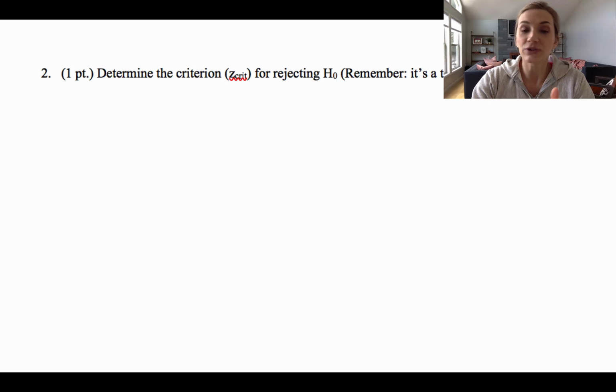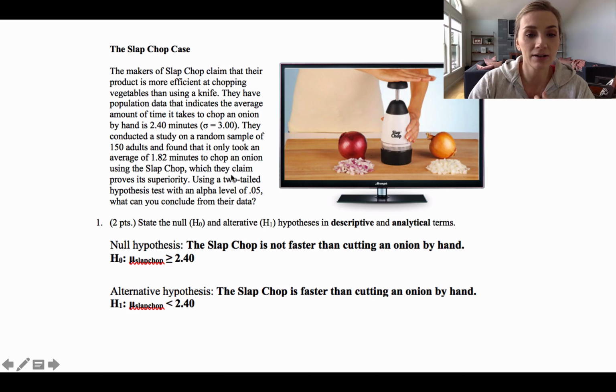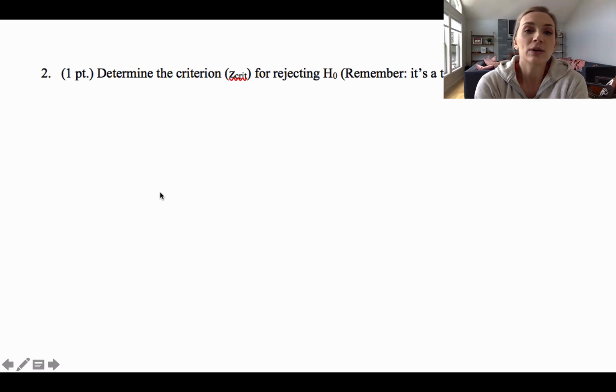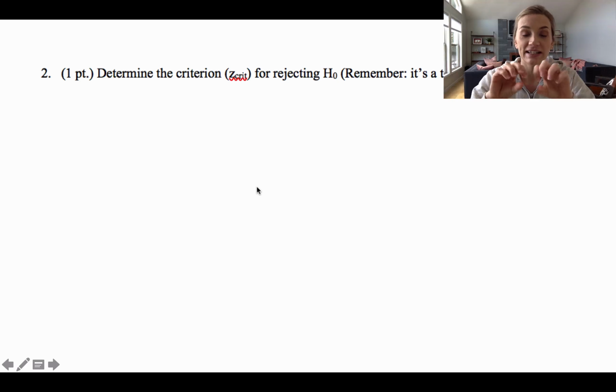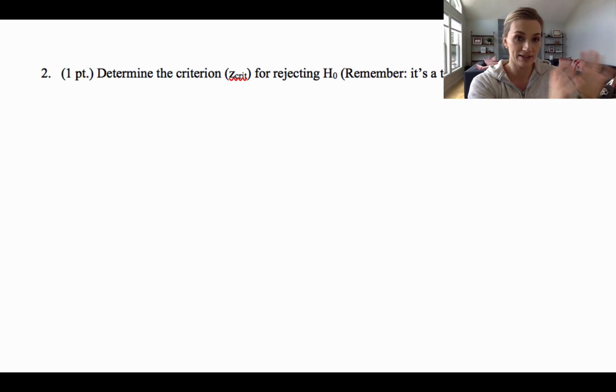Remember, this is a two-tailed test. I said that right here in the instructions, using a two-tailed hypothesis test. So even though we're making a directional prediction, we're predicting that the Slapchop will be faster than cutting an onion by hand, which is directional, we're going to use a two-tailed test where our alpha level of 0.05, which again I specified right here, where that 5% of the distribution is split across two tails rather than being all in one tail.